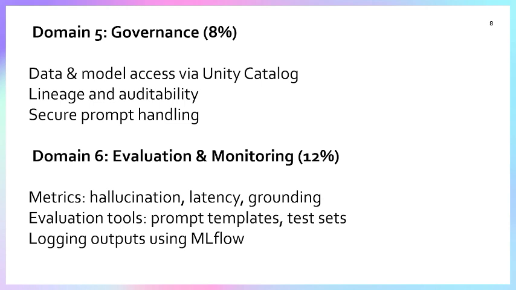Domain 6 is evaluation and monitoring: metrics, hallucination, latency, grounding, evaluation tools, prompt templates, test sets, and logging output using MLflow. These are the six domains from where you will get the questions. And I'm sure if you study all the topics one by one, then you will get 100% marks and pass this certification.